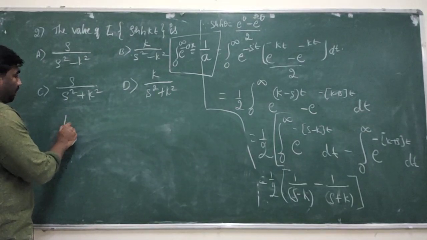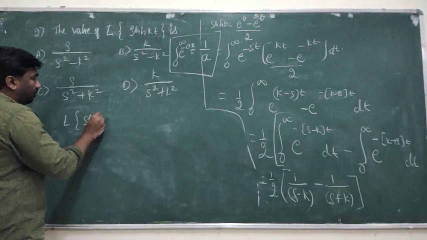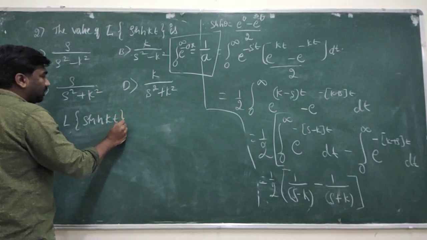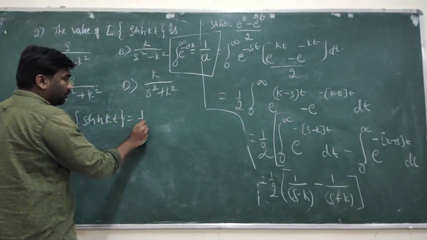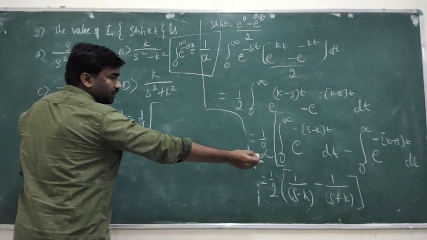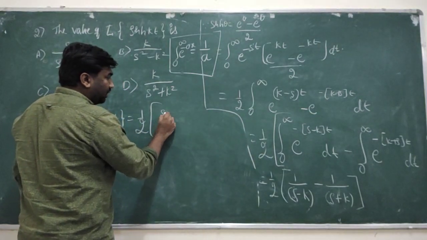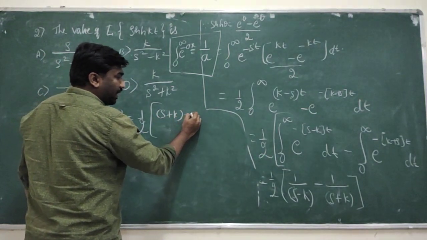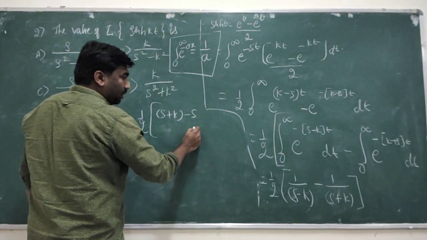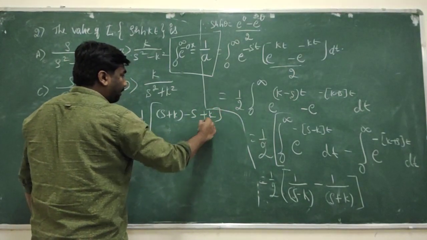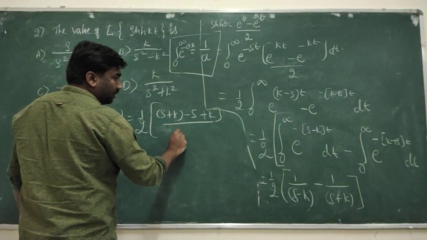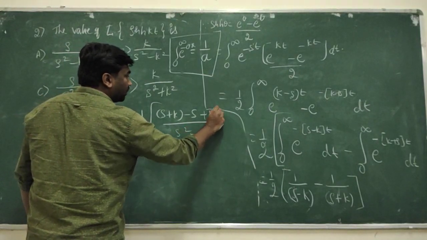Laplace transformation of sine hyperbolic kt is equal to 1 by 2 into, see, after simplifying that we will get s plus k minus s plus k divided by s square minus k square.